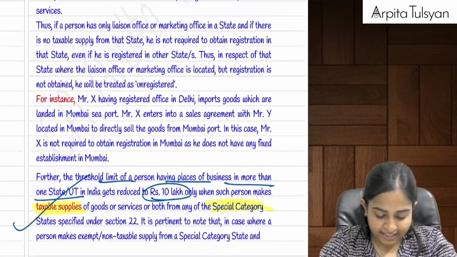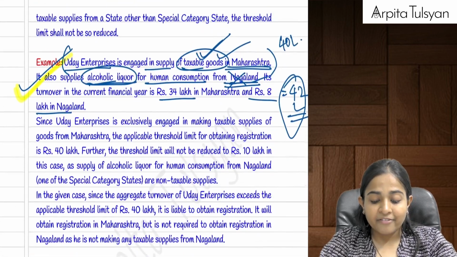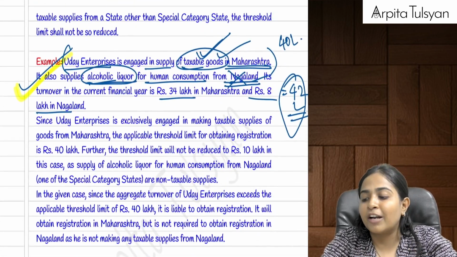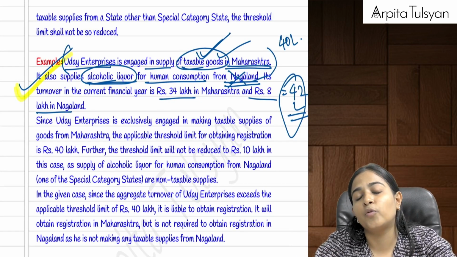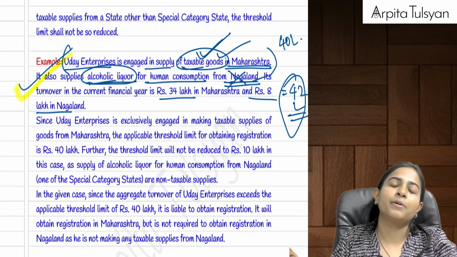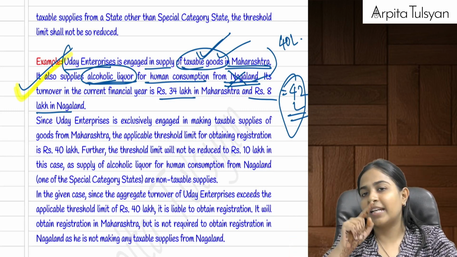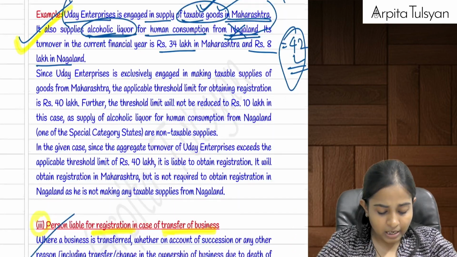This point we had studied here in the second point, right? Normally, if I have one of my branches in those 4 category states, my aggregate turnover threshold limit will come down to 10 lakhs. But if I'm doing only non-taxable supply from those states, then my threshold limit won't get reduced to 10 lakhs. It will be dependent upon the other state.